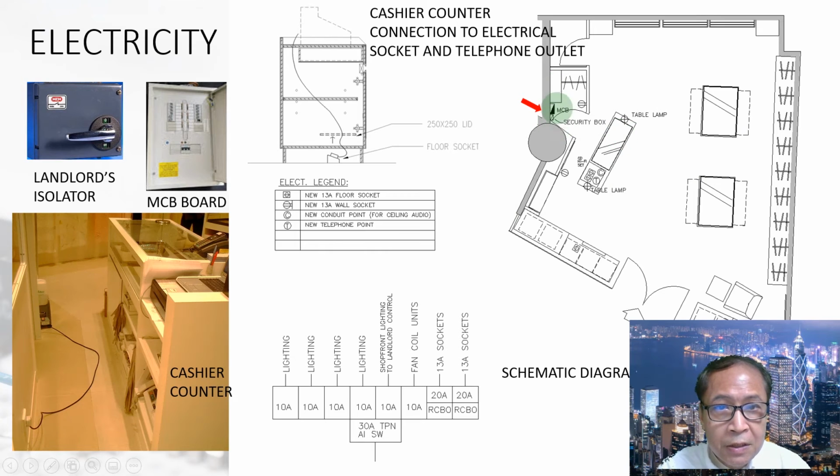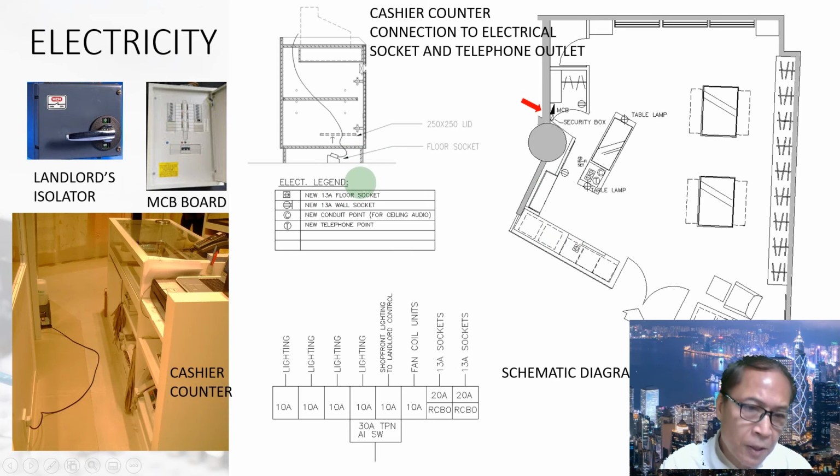You see, this is the MCB board, mostly in the office, which the customer cannot see. It's right here. And this is the socket layout. This wall socket is mostly for welcoming. This is for a table lamp. This is for the cashier table. For the cashier table, we have a fax machine, cashier machine, printing machine, etc. This is the cashier counter.